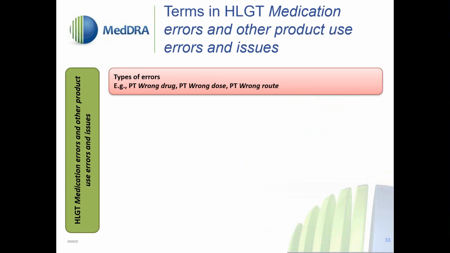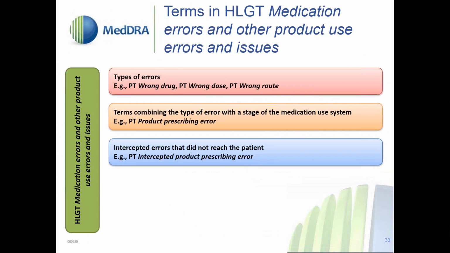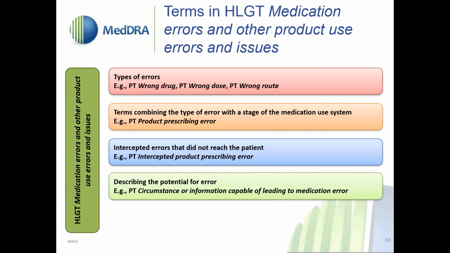They can be selected together with, for example, PT prescribing error if no combination term is available. And terms that link an error to a stage in the medication use process, such as the prescribing stage. In addition, there are terms for intercepted errors, prevented by third-party intervention, so that they didn't reach the patient. An error occurred in a previous stage in the medication use process, but was intercepted from reaching the patient.